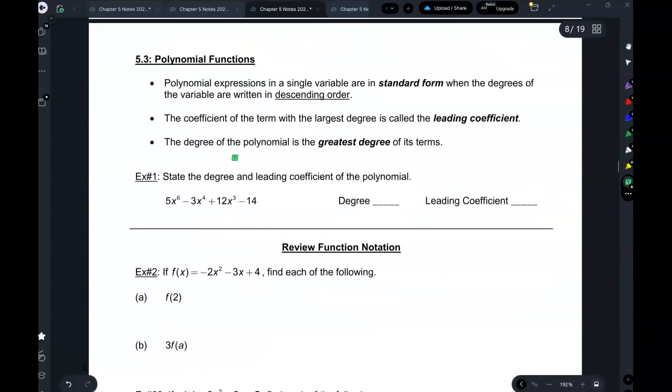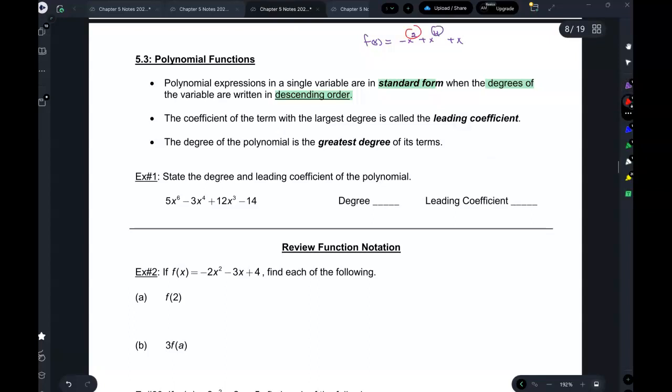Now, we say a polynomial is in standard form when the degrees are written in descending order. So for example, if I have f of x is equal to negative x squared plus x to the 4 plus x, this is not in standard form.